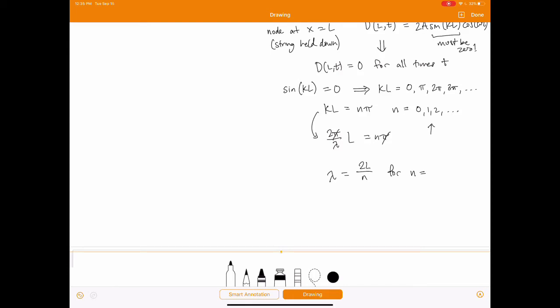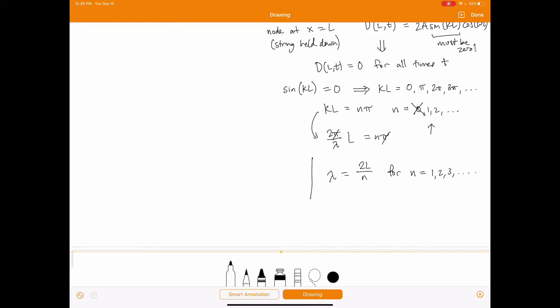But when we solve for the wavelength, if you plug in n equals 0, you're going to get an infinite wavelength. That doesn't really correspond to anything physical, so we're going to leave off n equals 0 and just say n can be 1, 2, 3, and any integer after that.